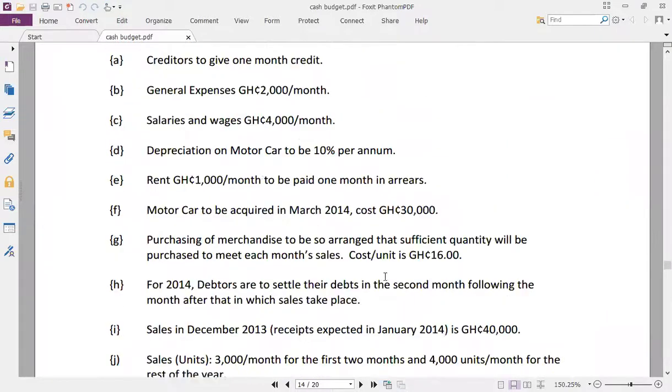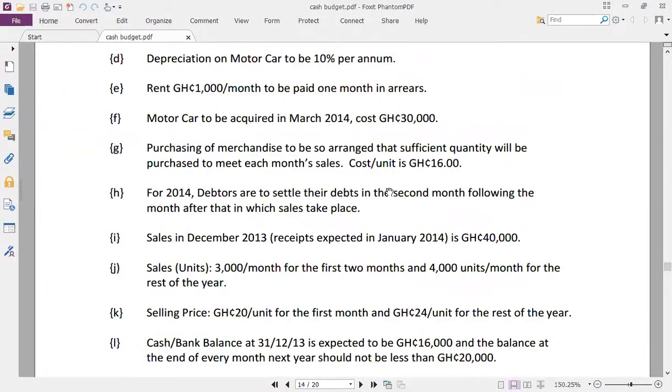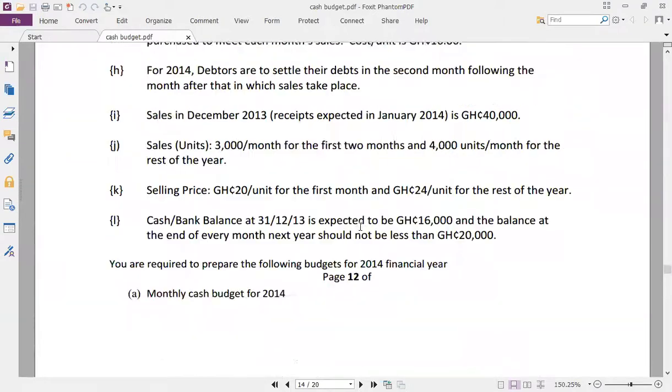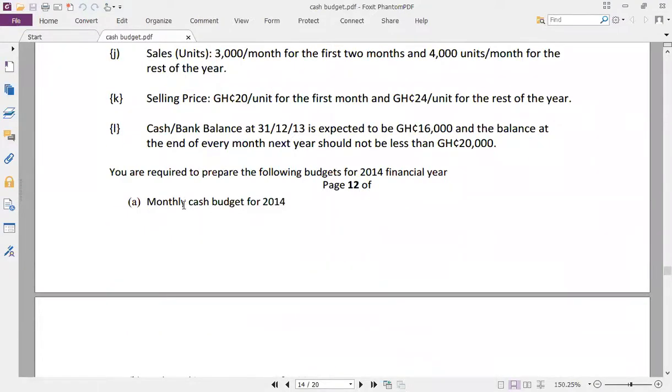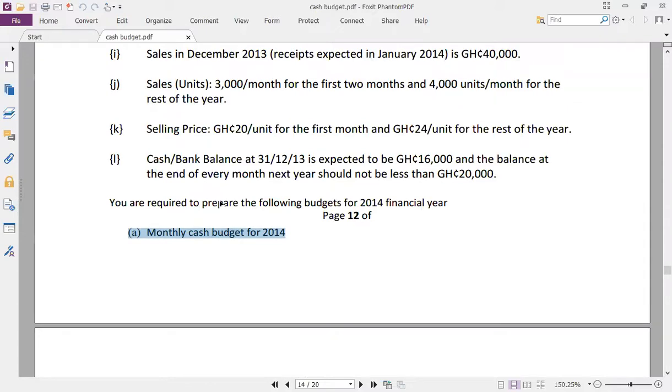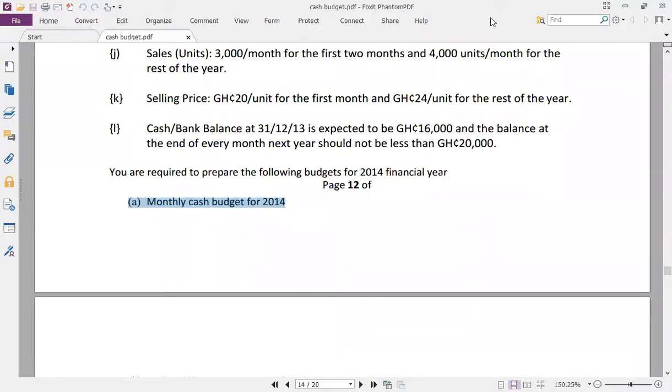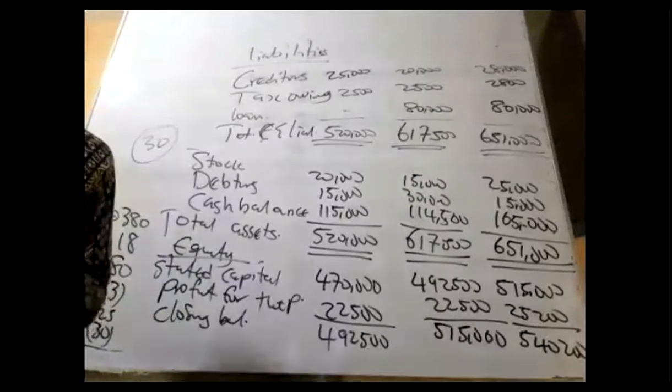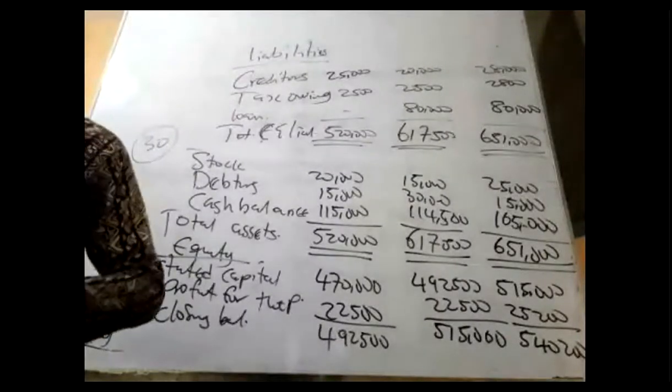Just do it line by line item, as you can see per month there. The only thing is the monthly cash budget. You have to do this cash budget for January, February, up to December. It's monthly, so I don't know how you are going to present it in your answer booklet.